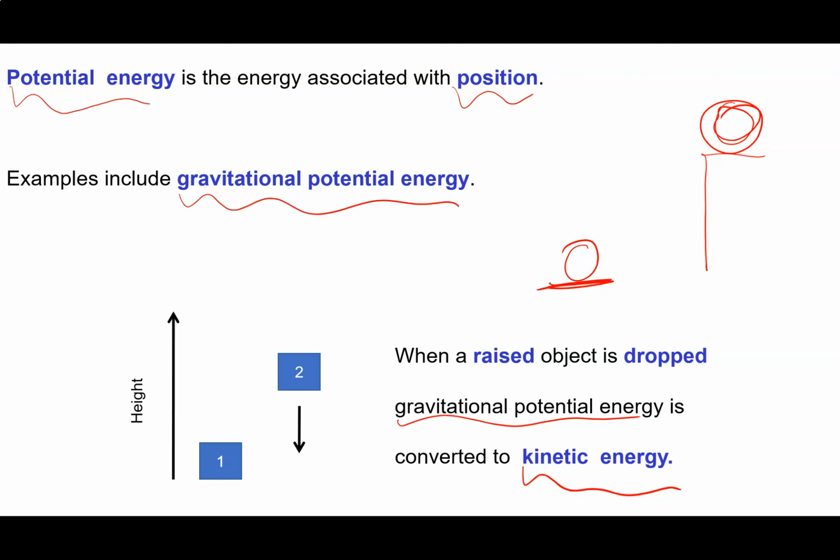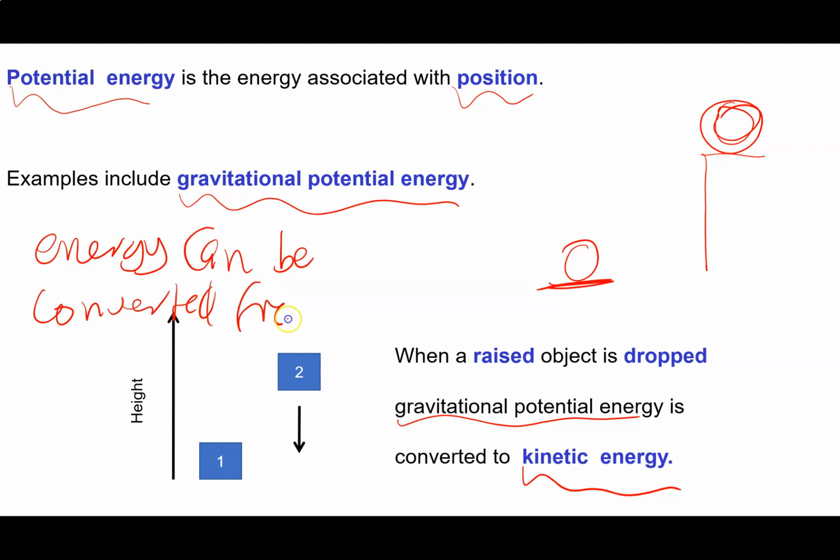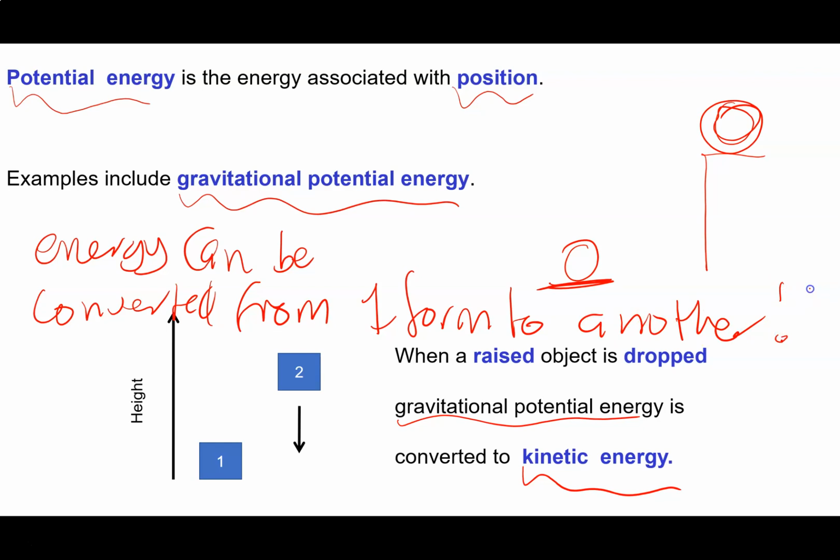What we're really learning here is that energy can be converted from one form to another. Interesting, right? And this makes sense. When you drive your car up a hill, you're turning your kinetic energy into gravitational potential energy.